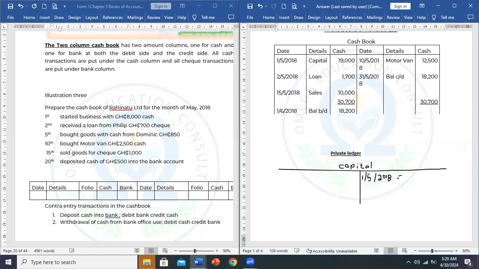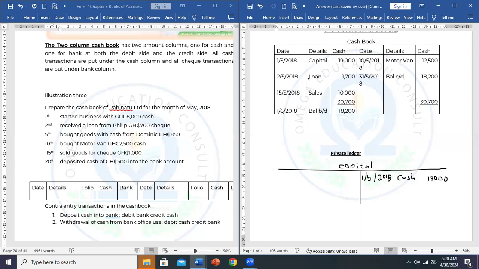Okay, so cash, then you put the amount there, 19,000. Okay, and that's all. You have posted the first transaction.